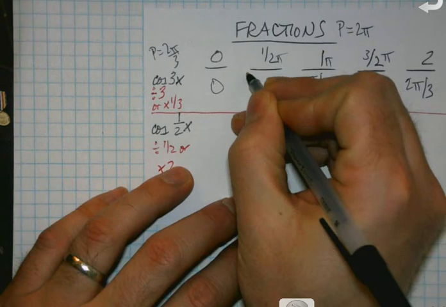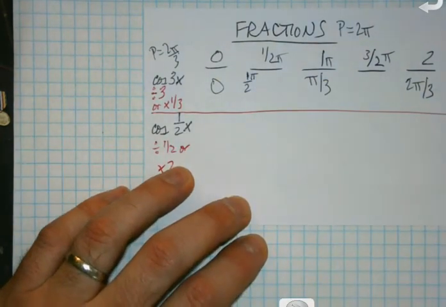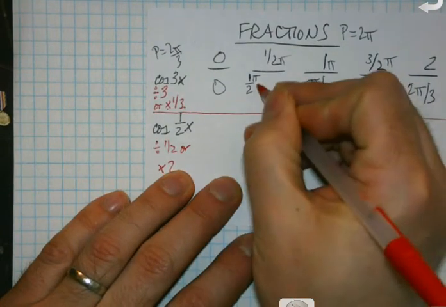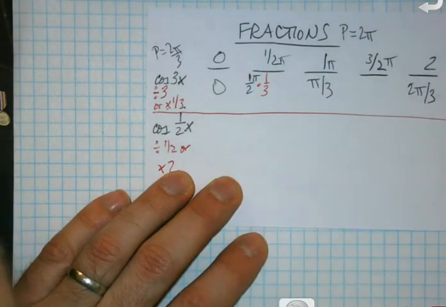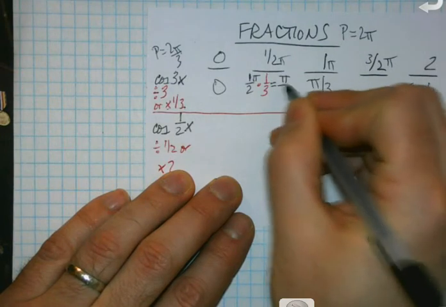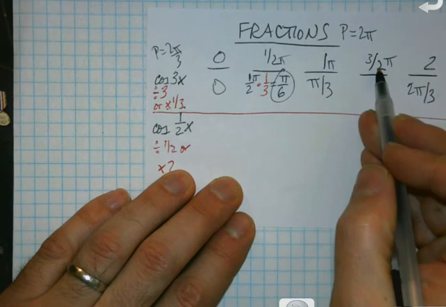So if I've got 1/2 pi, and I'm dividing it by 3, remember, that's the same as multiplying it by a third, or its reciprocal. Take a second and then just write it. Pi over 6. Okay, that works. Same thing here.